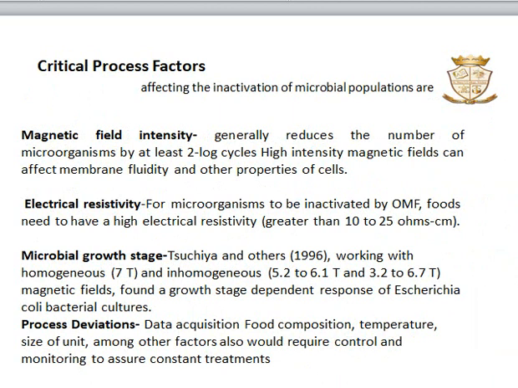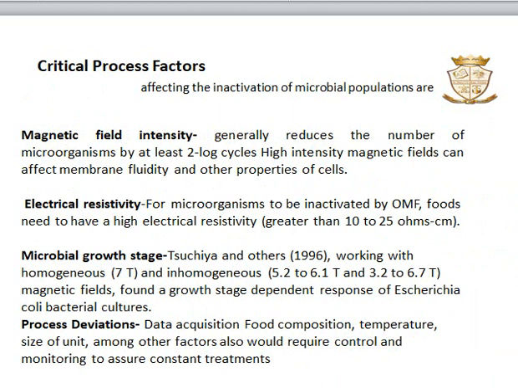Coming to electrical resistivity: for microorganisms to be inactivated by OMF, foods need to have a high electrical resistivity, which may be greater than 10 to 25 ohms per centimeter. And coming to the microbial growth stage, from studies it has been found that OMF has no relevance on the microbial growth stage.